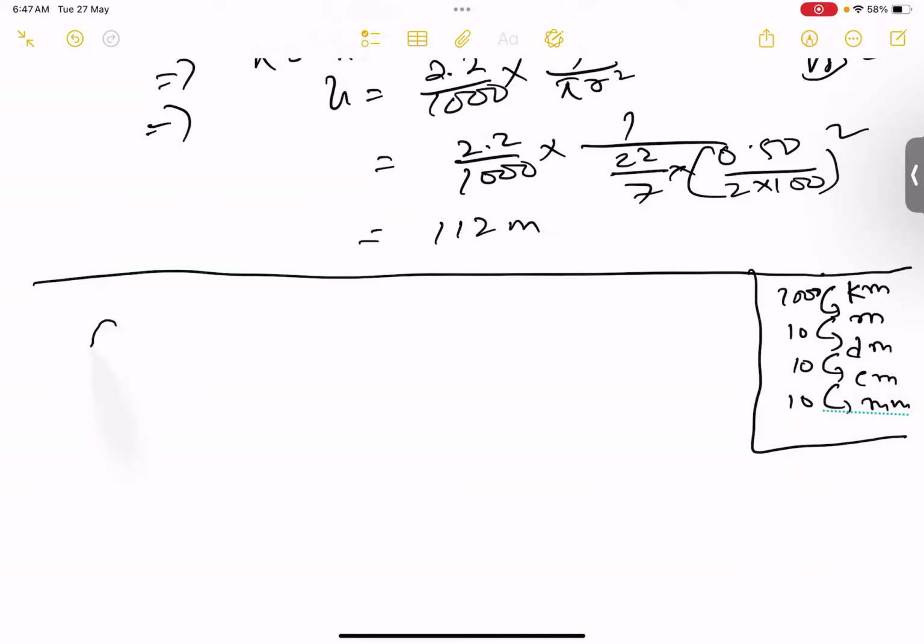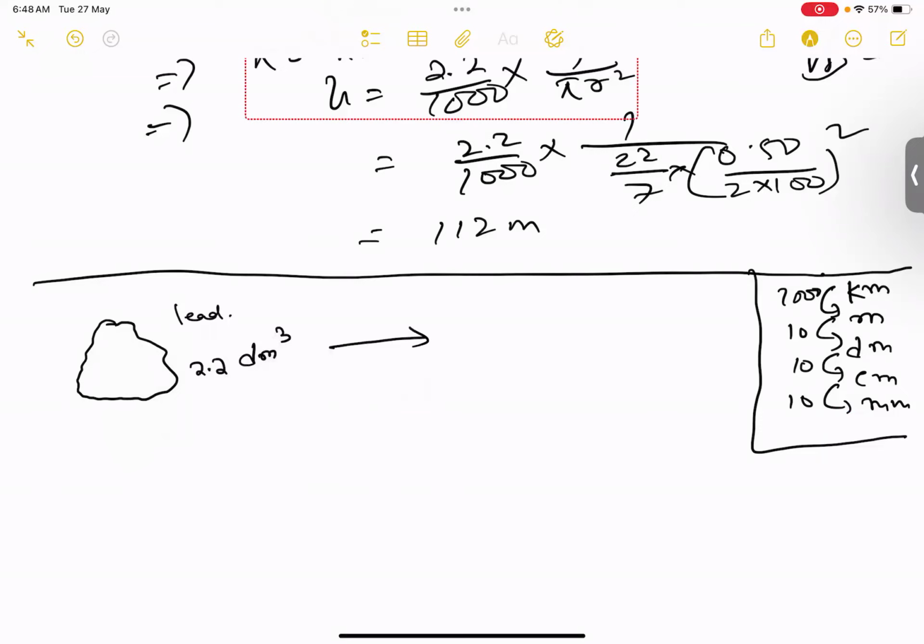We have a specific quantity of lead, which is given in the question, and it is 2.2 cubic decimeter. You just write it like this. This is the lead that we have, and this is the volume. We have to convert it into a very long cylindrical wire.